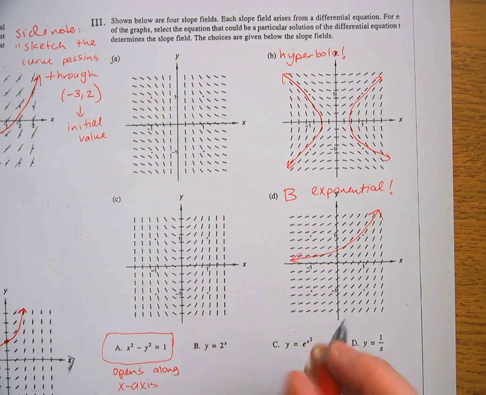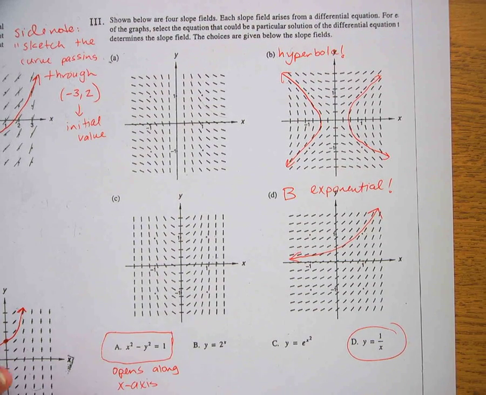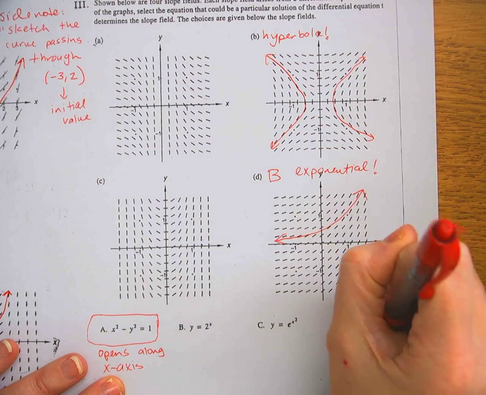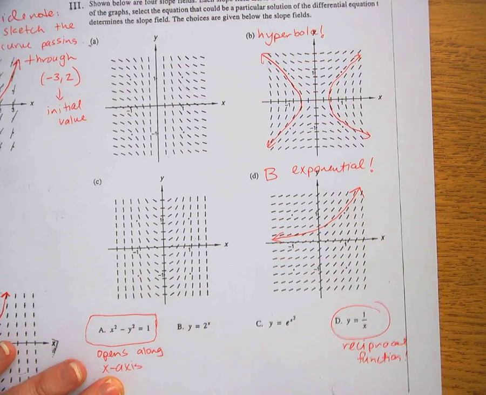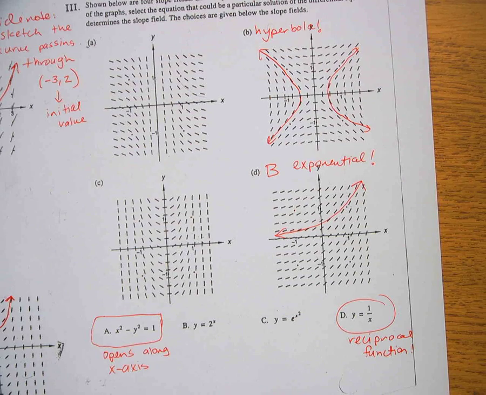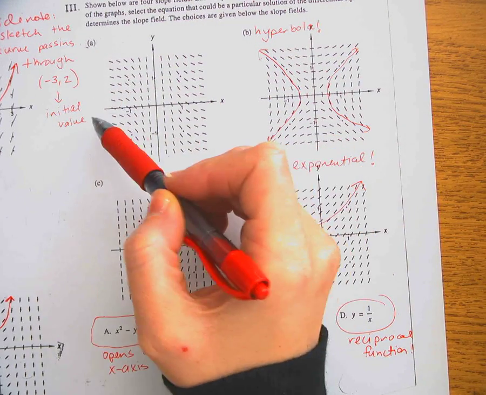Okay, now this is a familiar looking curve. It's known as the reciprocal function. It's the function that has the asymptotes, and then you've got the opposite facing curves.